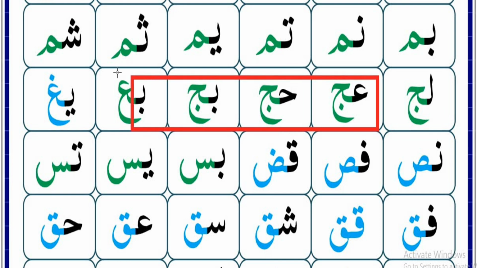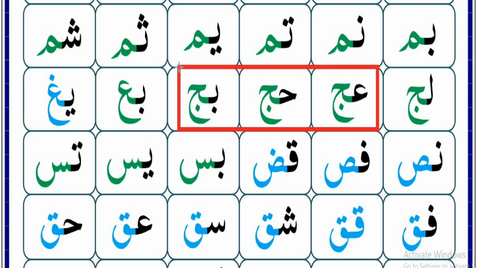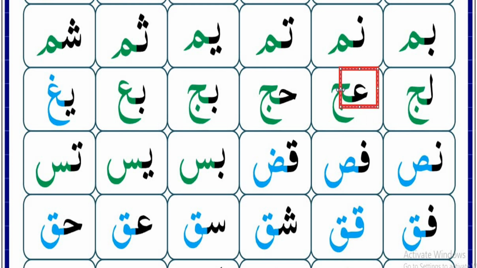Well, the second letter is the same in all these letters, but the first is different. So here the first letter, well, as we talked about previously, looks like Ain and Hamza, but this can only be Ain. It cannot be Hamza because Hamza is always a separate letter.